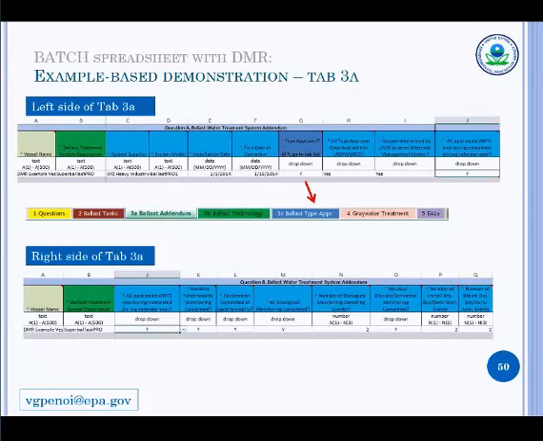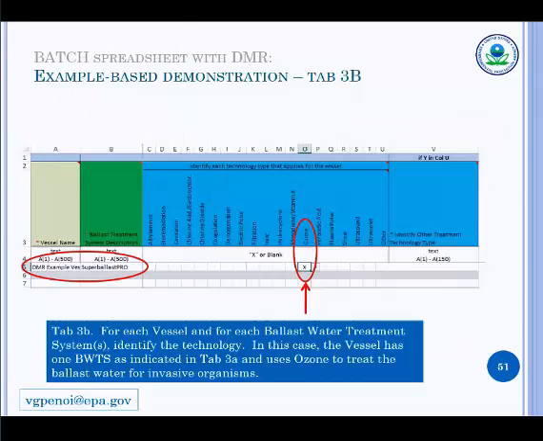If you indicate in column G that the system is type approved, you're required to complete the information in tab 3C, and I'll show you that in a second. But tab 3B simply asks for the type of ballast water treatment. Probably worth mentioning that the system description in column B will be a pick list from the descriptions you provided on tab 3A. So you'll simply want to select the treatment system from the drop-down menu.